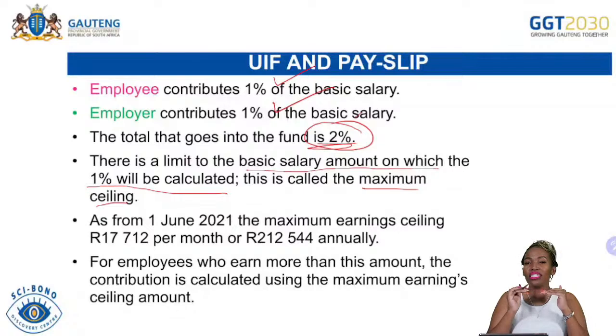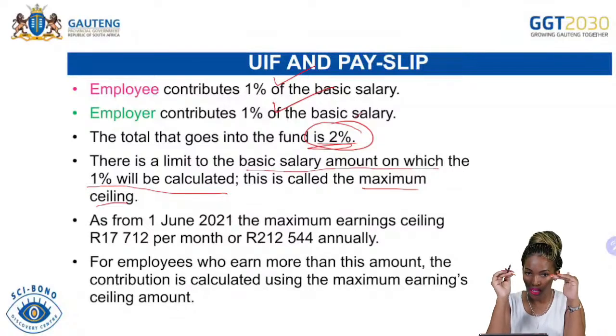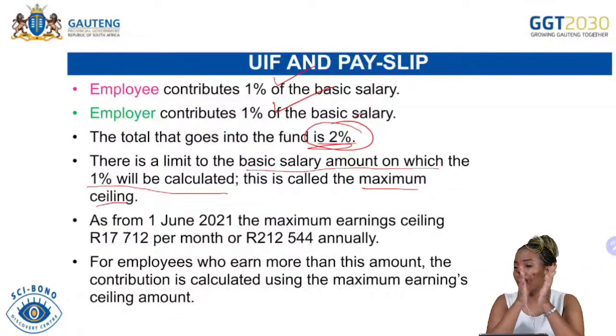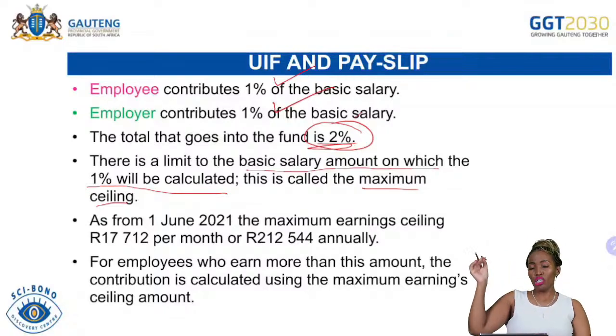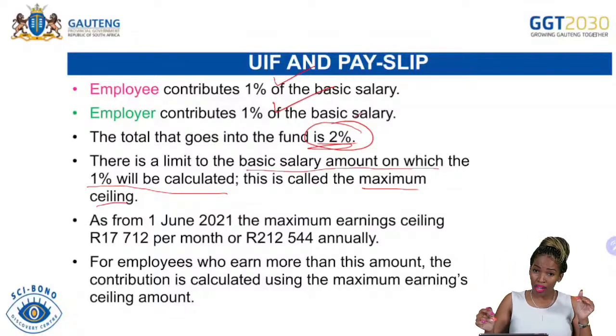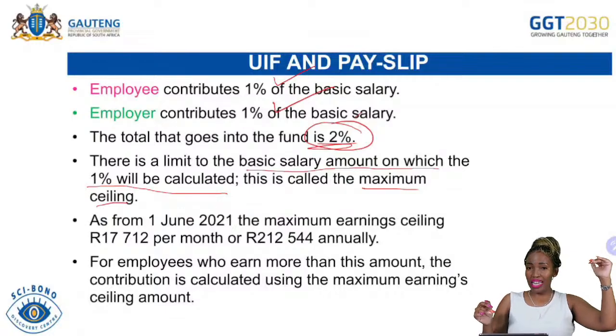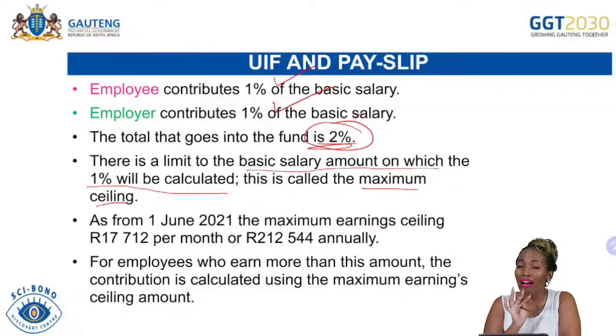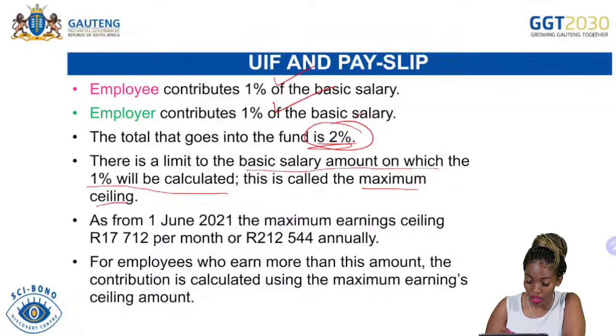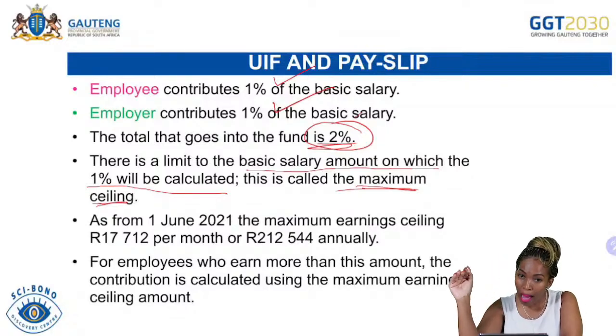They can only deduct up to a certain amount, because some people are earning a lot of money. For that person to contribute their UIF and for the employer to match that becomes almost impossible. So to avoid such instances, there is a policy that there should be a maximum ceiling whereby a person can contribute for UIF up to a certain amount.